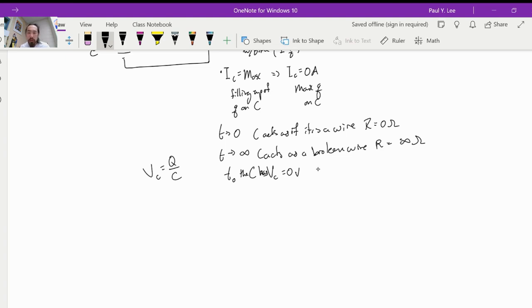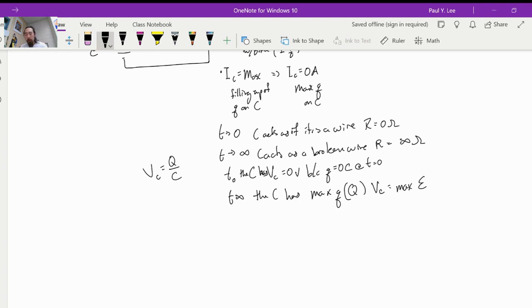Because Q is 0 coulombs at time 0. But as time approaches infinity, the capacitor has max Q, which we'll represent as a capital Q. And so the capacitor has a voltage of VC, which in our case is going to be the max EMF, the EMF source, the max voltage.